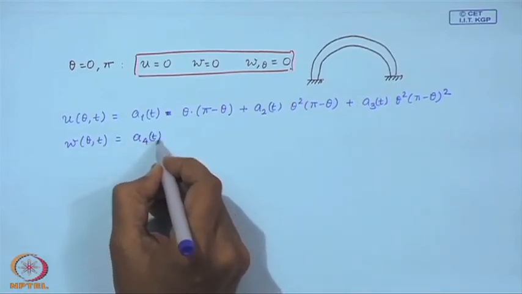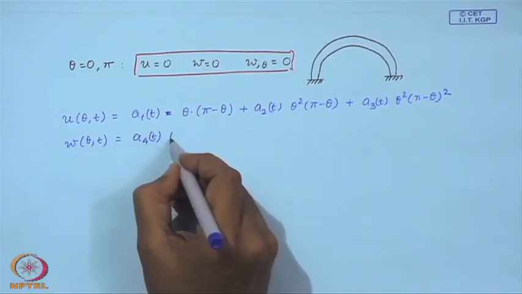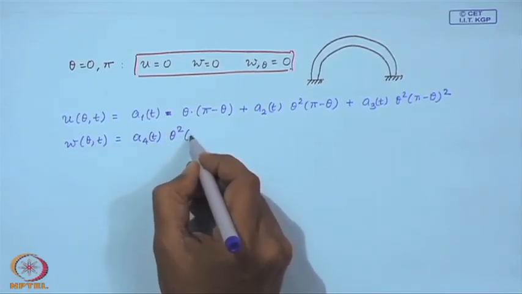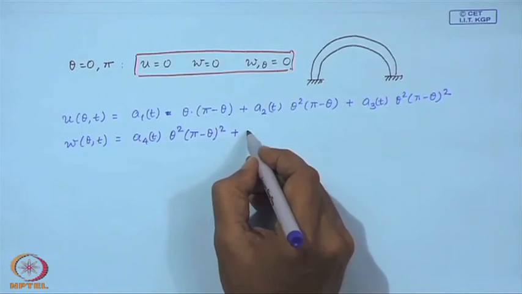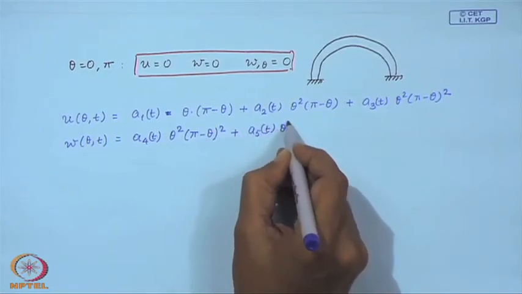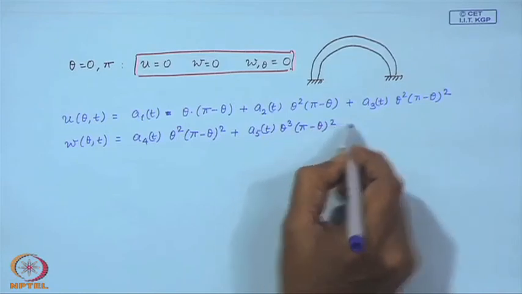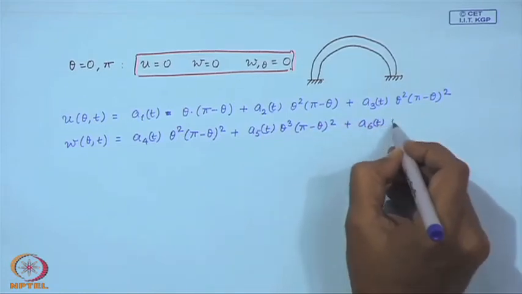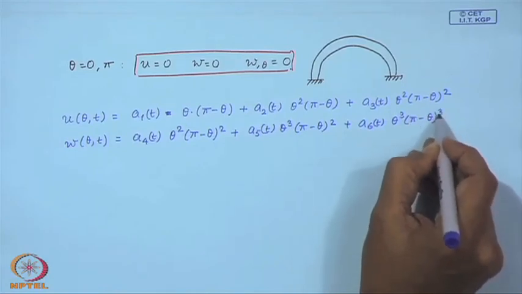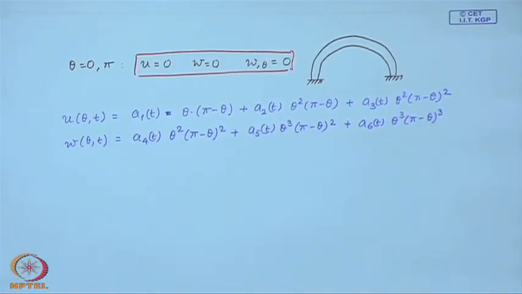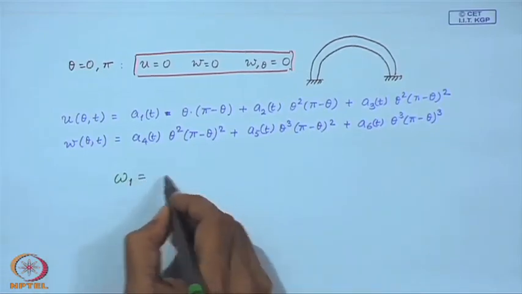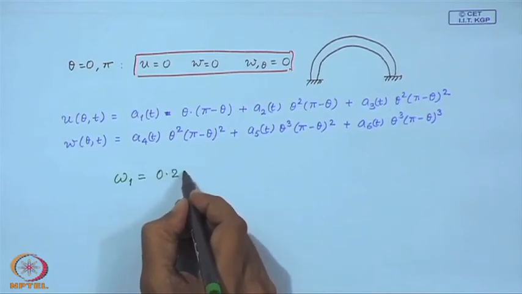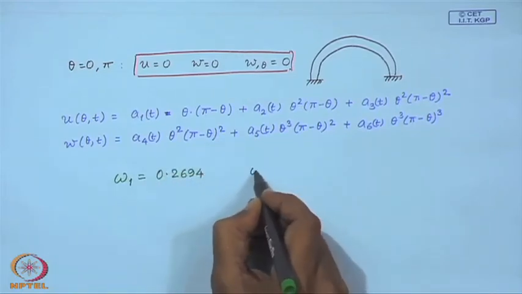So, the admissible functions for w must be taken like this: theta square times pi minus theta whole square. If you once again substitute this in the expansion, calculate the discretized equation of motion and further calculate the eigenfrequencies, they turn out to be as shown.